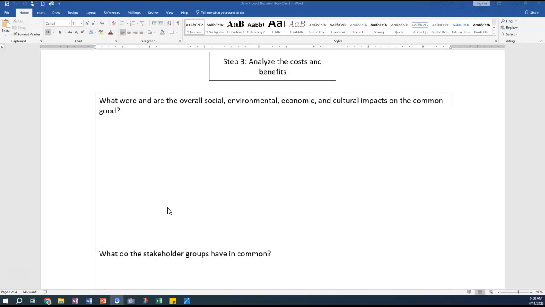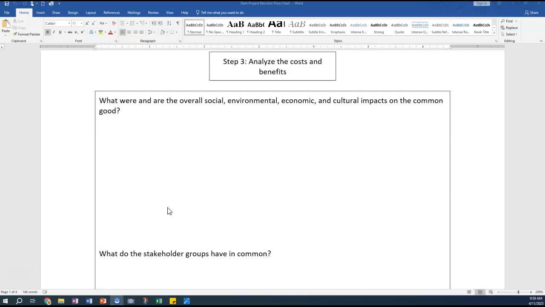That means what happened when we built the dam originally. So what changed? What's going on right now, or what will happen based on the choice we make. And the common good means just society in general.